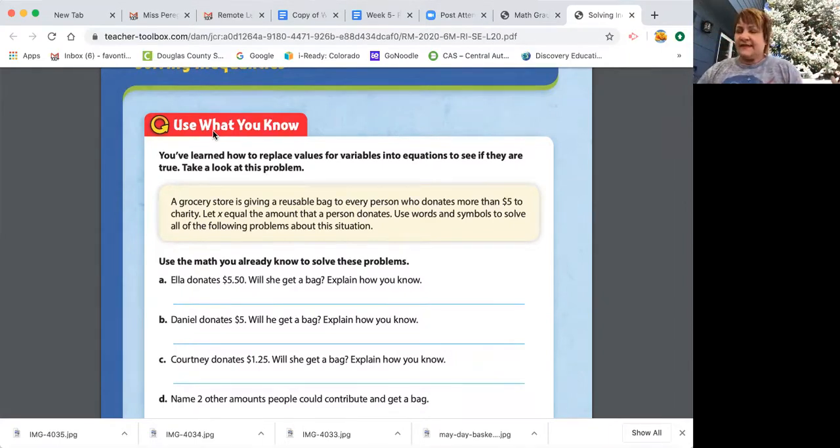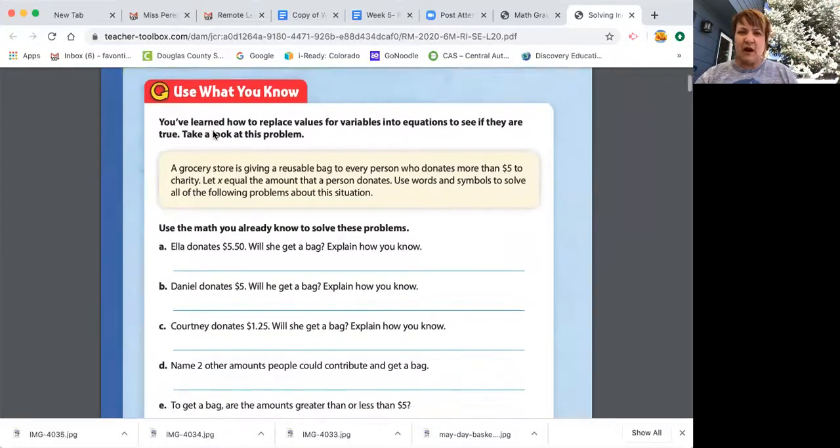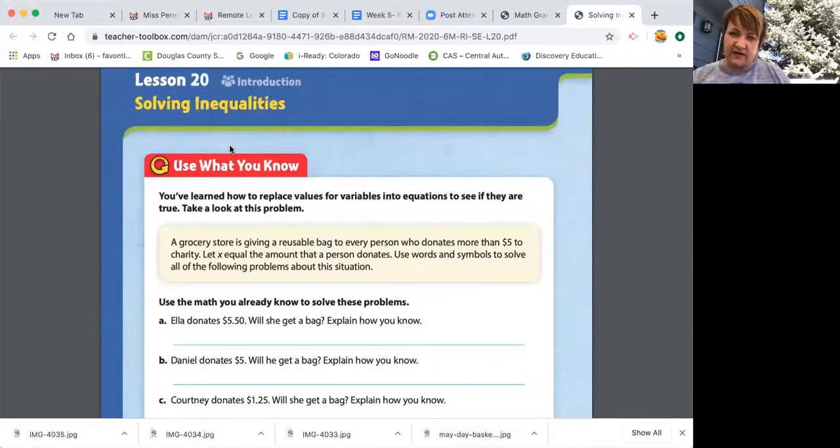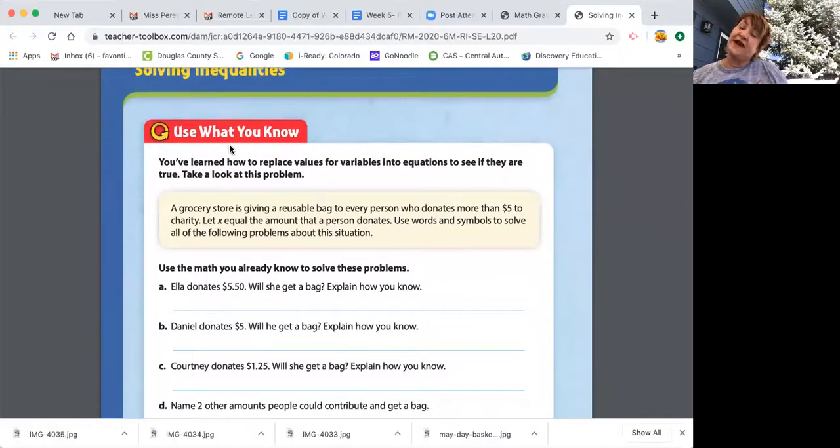So, like 2 plus 3 equals 5. Both sides of this equation are equal. So today we're going to talk about inequalities, things that are greater than or less than or greater than or equal to, but having more than one option for answers.